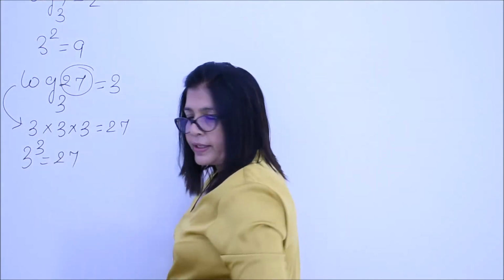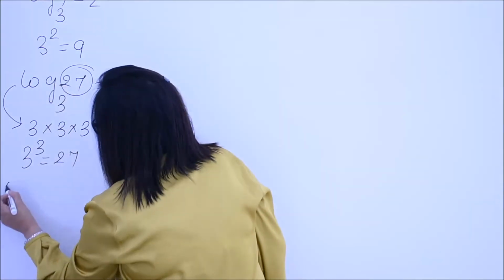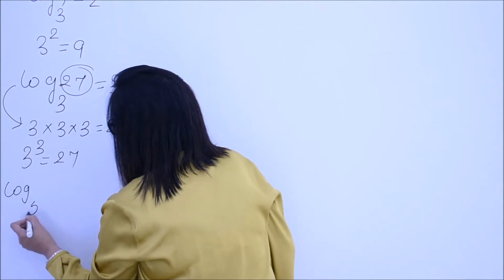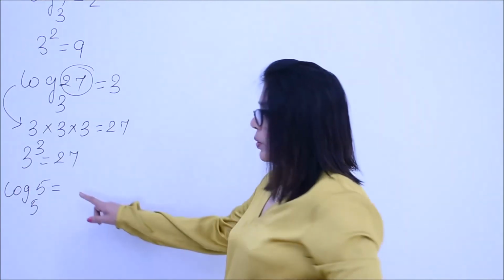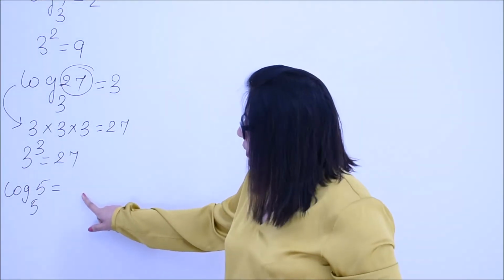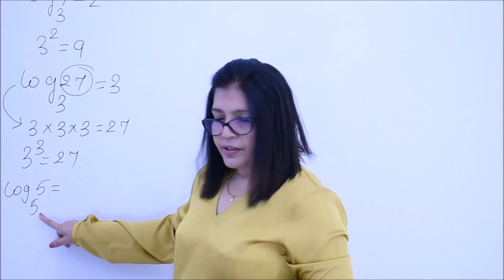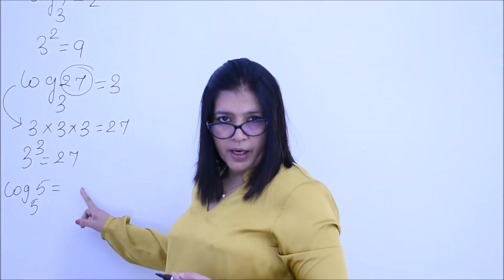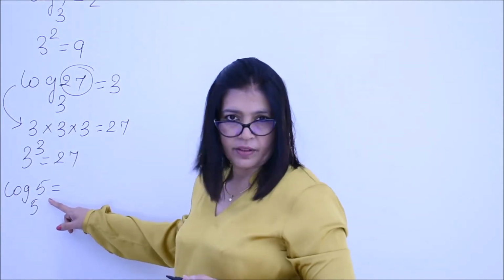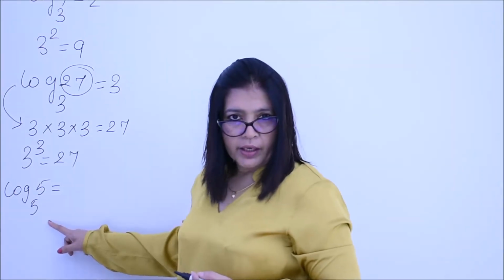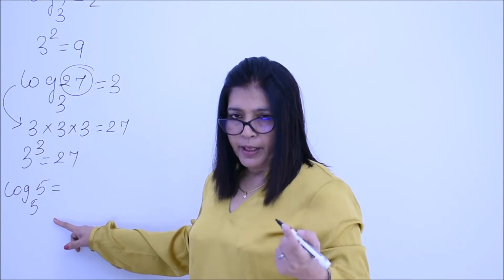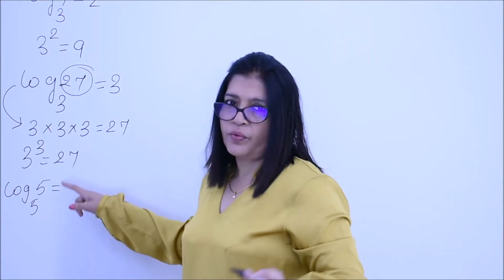Let's solve one more log example. Suppose I take log to the base 5 of 5 is equal to question mark. So now I will think that 5 should be raised to what power in order to get 5. It means 5 is the growth rate and it should be multiplied how many times to get 5.